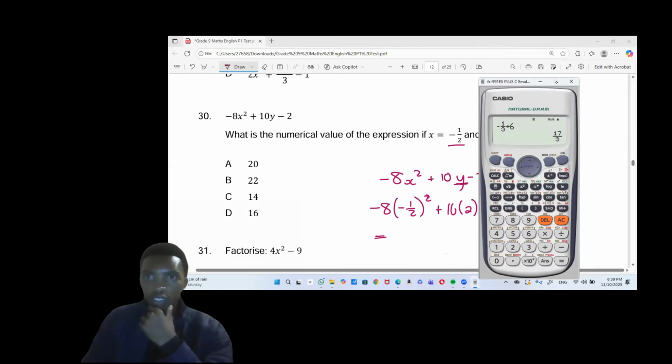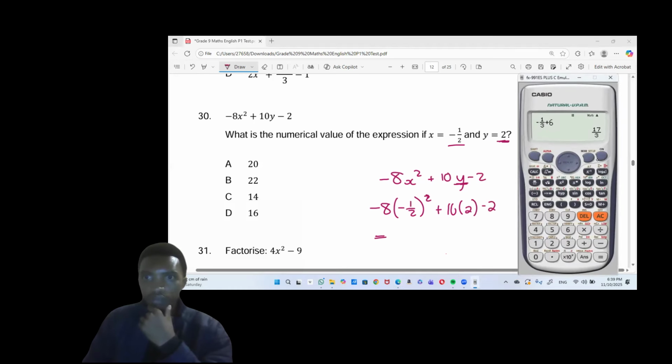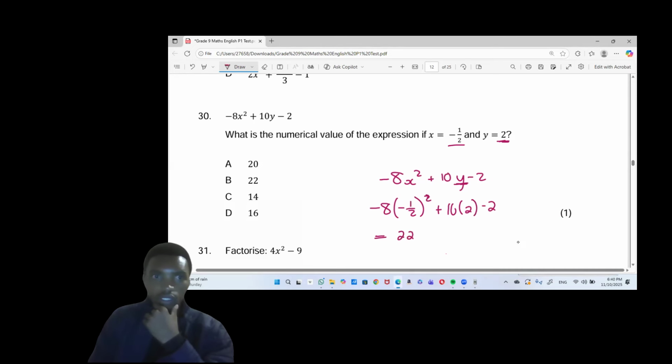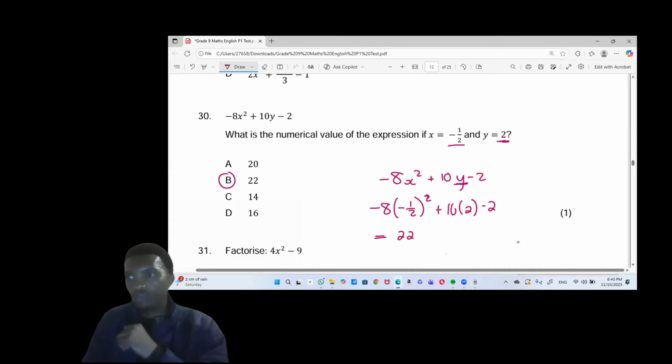So quickly, we're going to have negative 8 times half, then plus 10 times 2 minus 2. And then our answer in this case is 22, which is B.